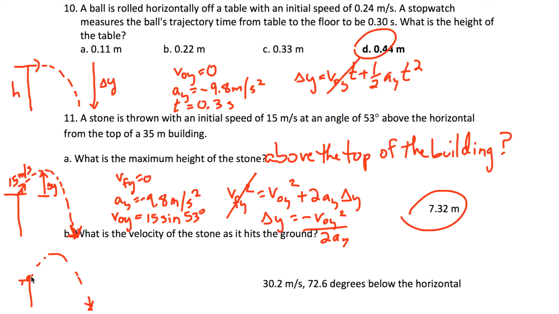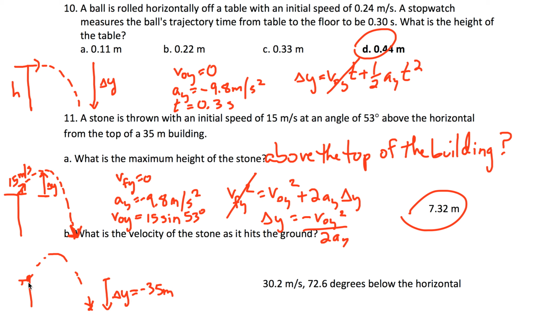If I look at the path from the beginning to the ending point, then the displacement of the ball is from here to here. And I'm given that displacement. That displacement is negative 35 meters, since it's the height of the building but negative.